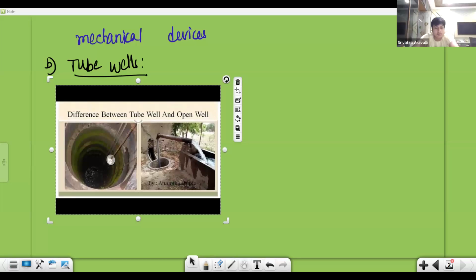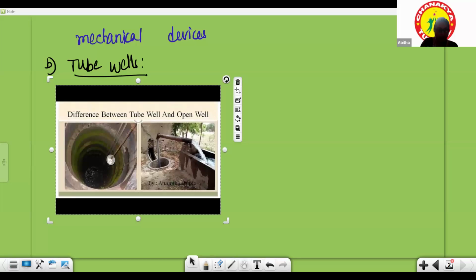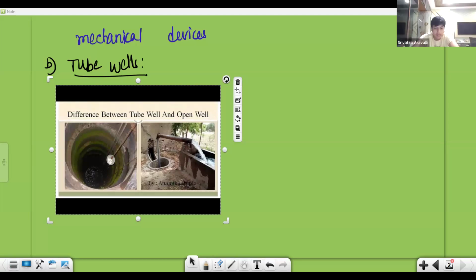So one is tube well, with the help of a tube you can pull up. The other one is your open well.